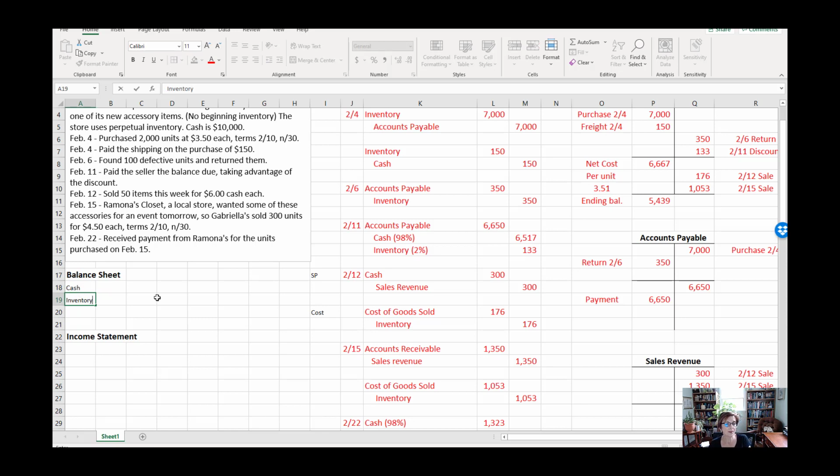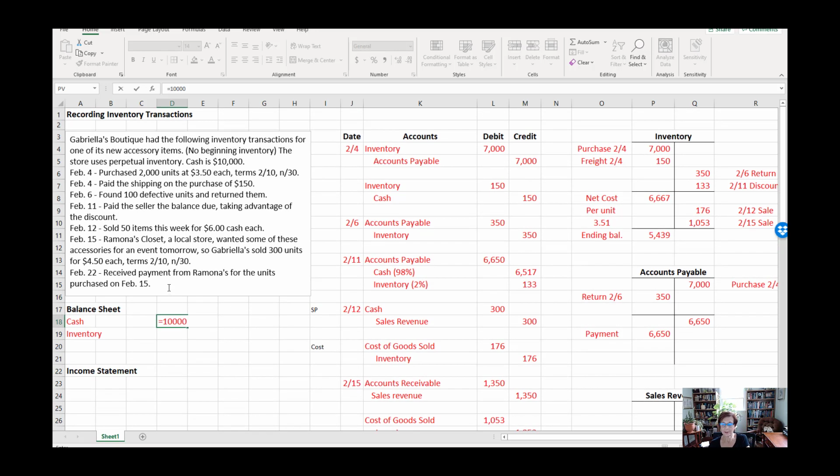Let me make these bigger so we can do that again. Okay. All right. So our cash is going to be equal to $10,000 because remember we said that was our beginning balance. Here's a credit to cash, so minus 150. Here's a credit to cash, minus 6517.